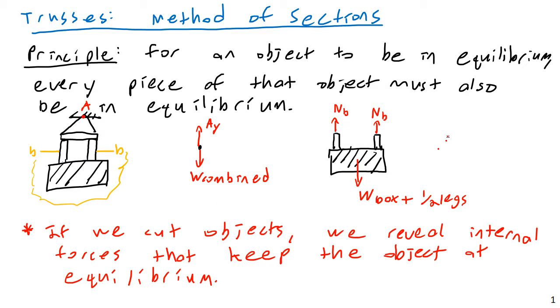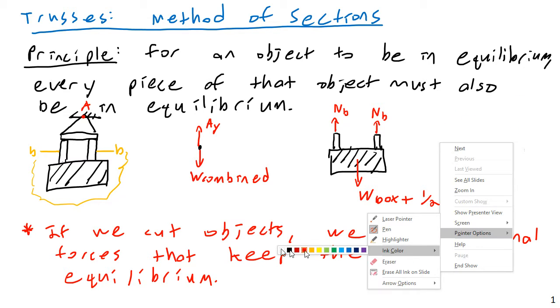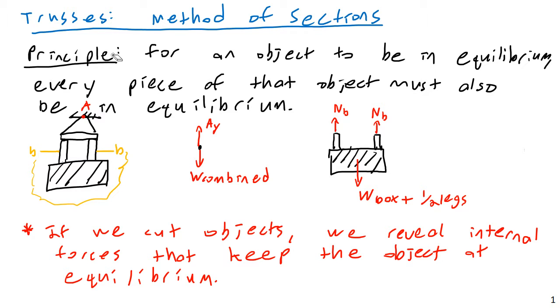And in fact, you know what? I might call this principle 1, and I think I'm going to add a principle 2 to this as well. On the next slide, I'll add a principle 2. I think that's kind of important.